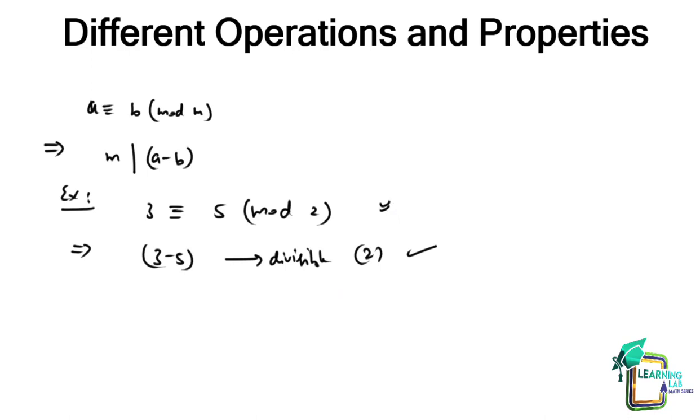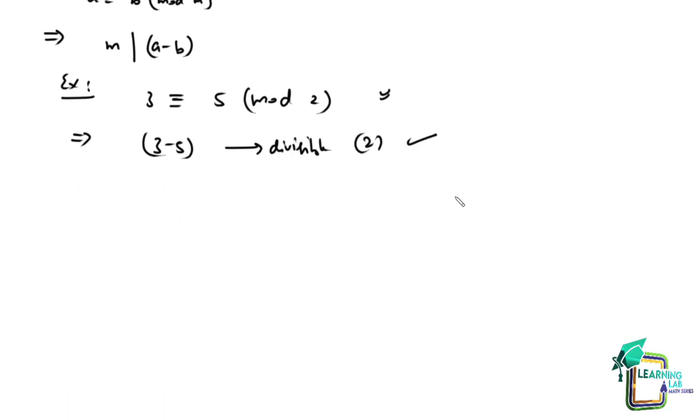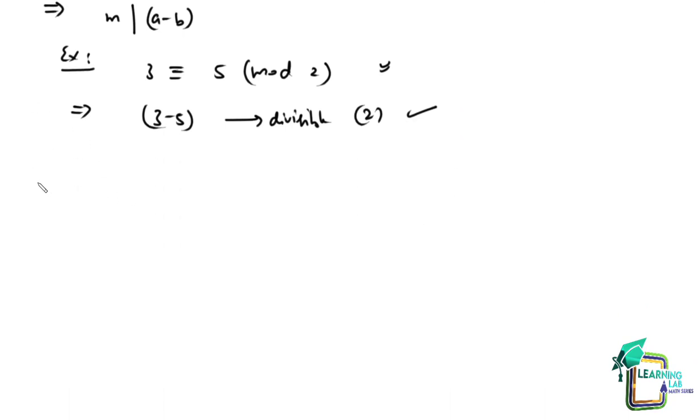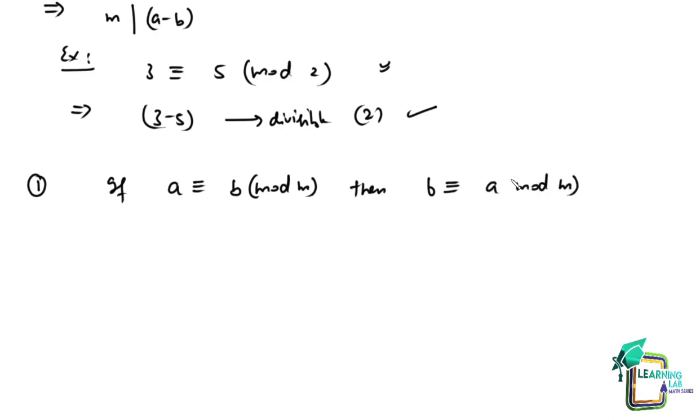Now we will discuss the different operations and the properties in modular arithmetic, right? So the first property of modular arithmetic is, if we have A is congruent to B mod M, then we must have B is congruent to A mod M, right? We can easily prove this statement.